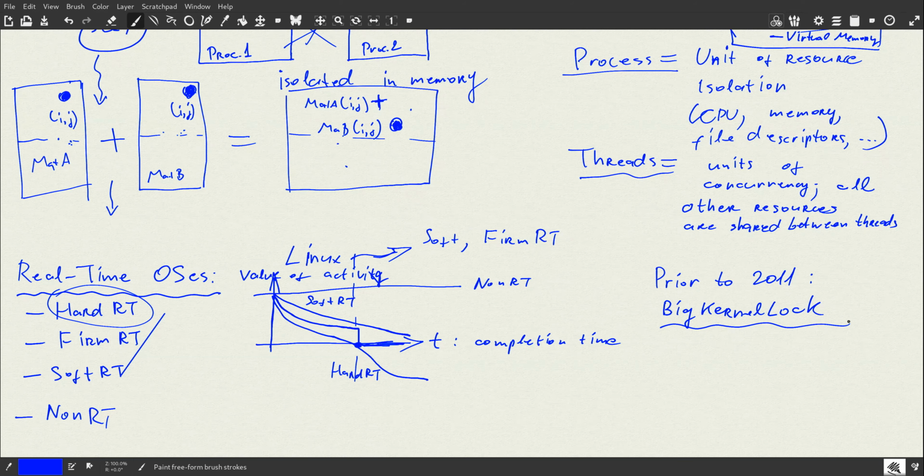That is the impact of the big kernel lock. This is the biggest no-no for real-time operations.